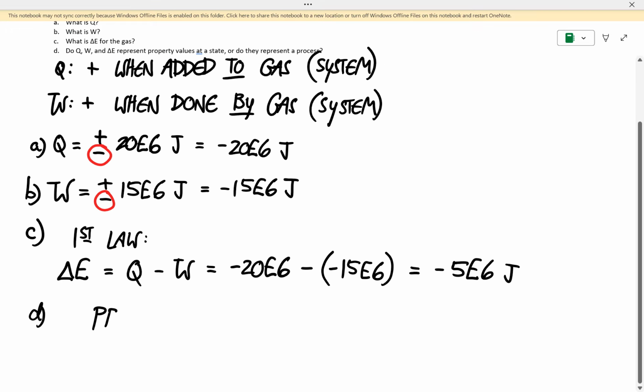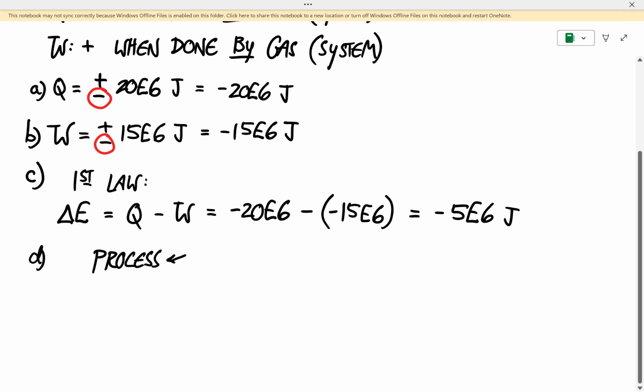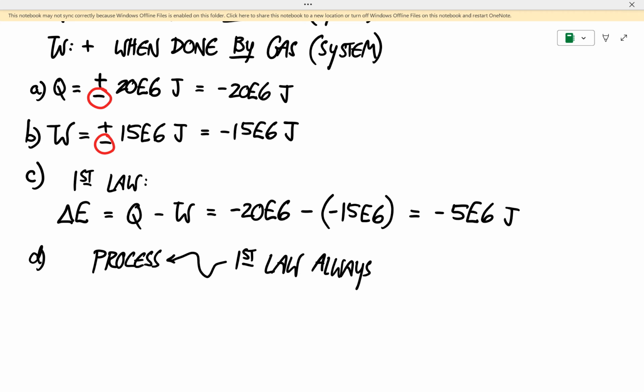So these represent what's happening during a process. Anytime we use the first law, or the second law, actually, but that won't come up for a while, we'll be representing a process. So the first law always represents a process. Any questions about that thought process? Okay.